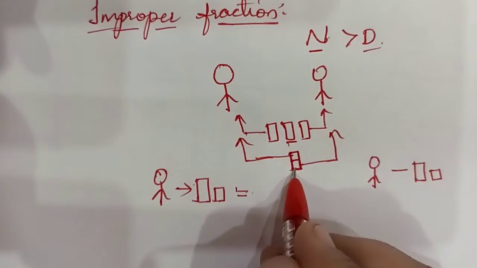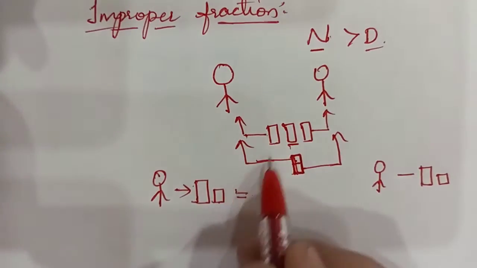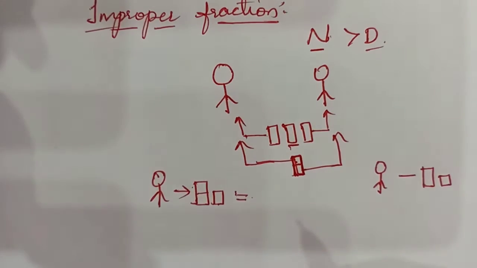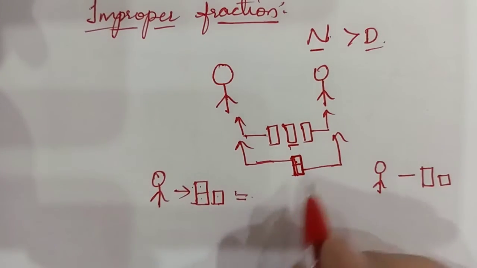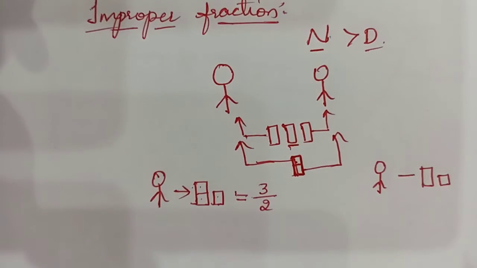From this chocolate we have made two equal halves. So for these three chocolates also, we are going to make two equal halves each. One part, second part, third part. So three out of how many parts? Out of two parts.